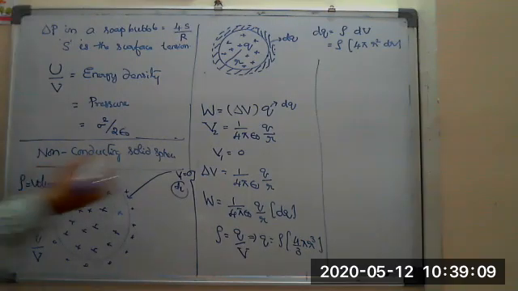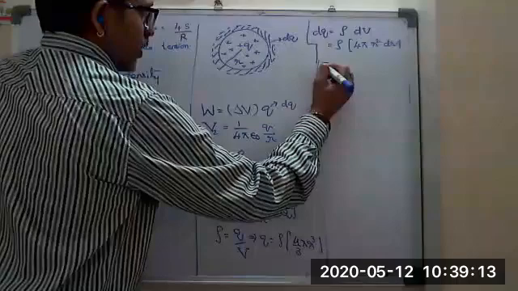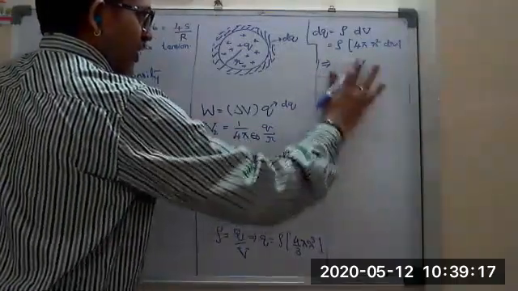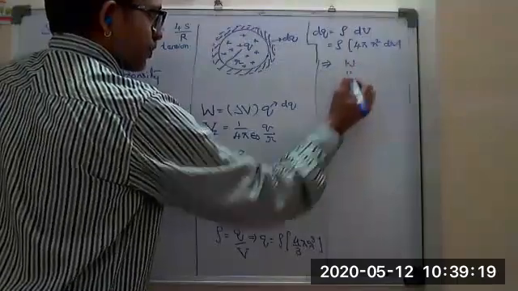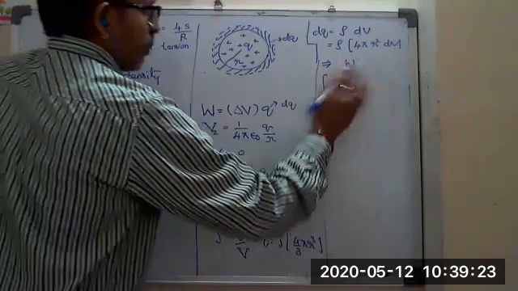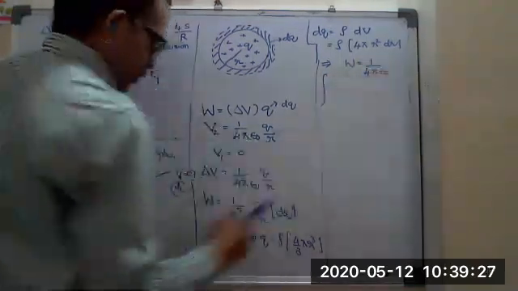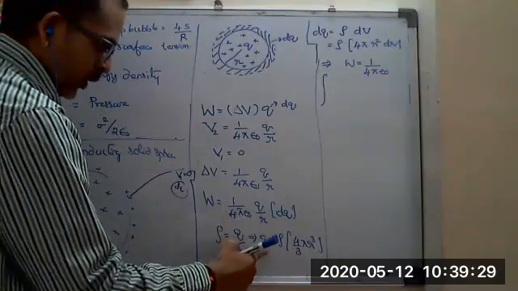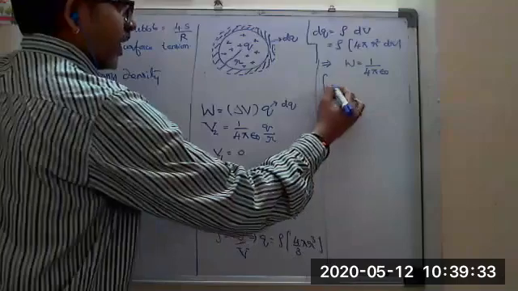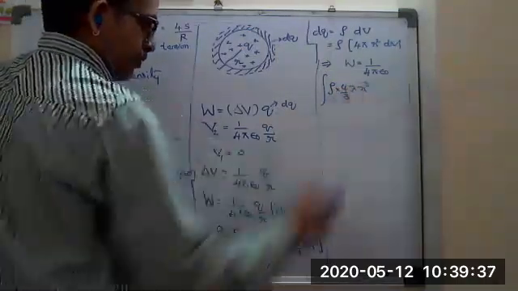Okay. So here, if you see, by writing that dq, substitute here. W is equal to, straight away I am putting the integration here. Integral 1 by 4 pi epsilon naught, constant taken up, into Q. Q I am writing here as rho into 4 by 3 pi r cube.